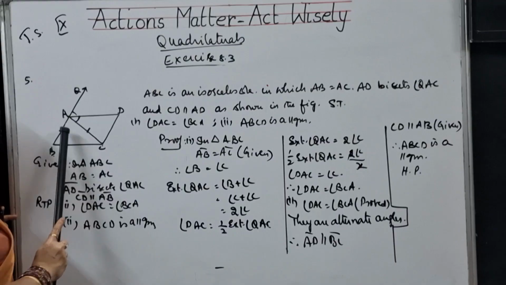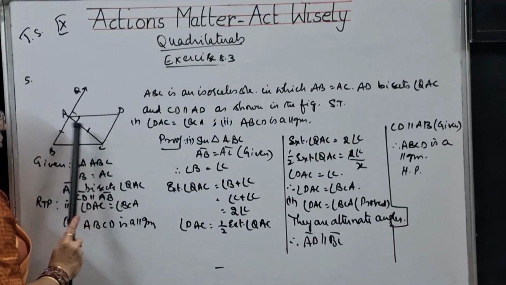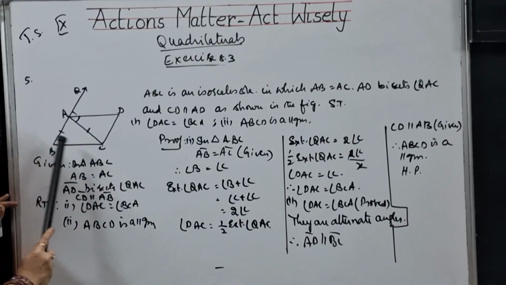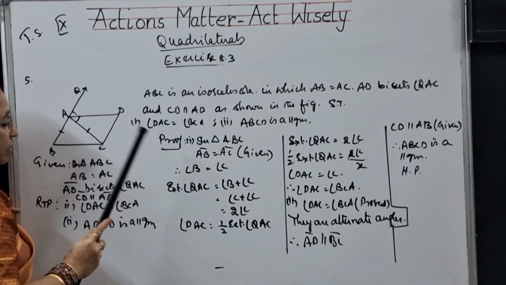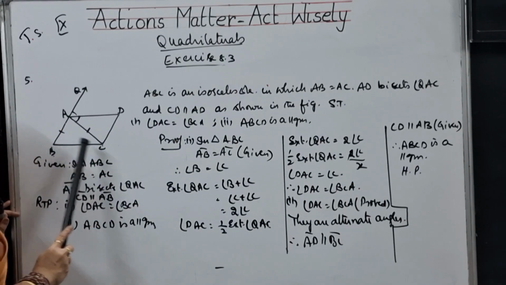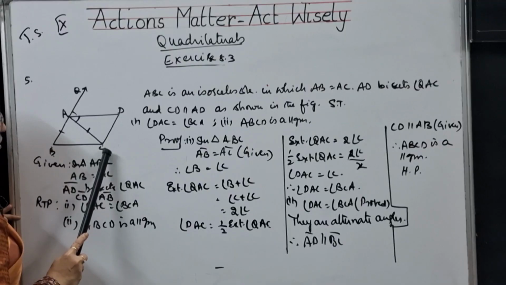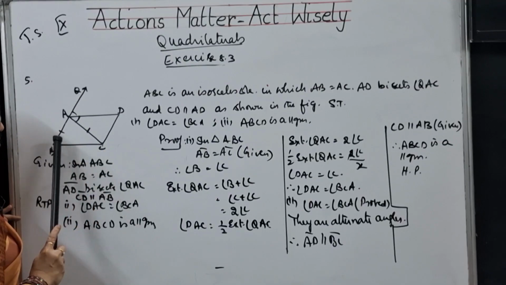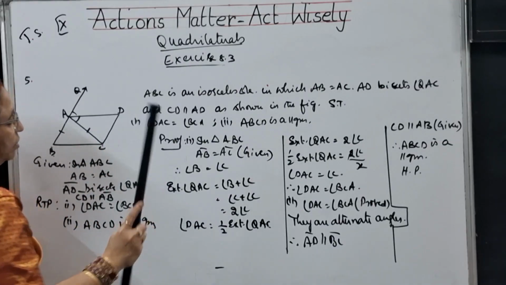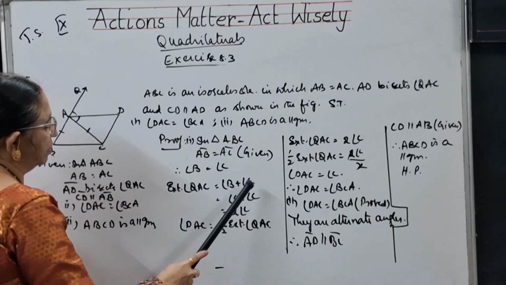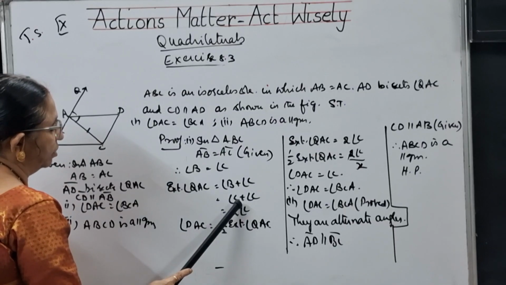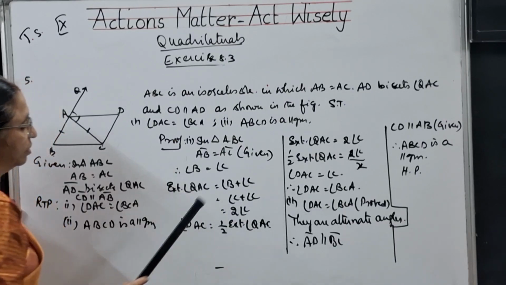So we'll take the proof. AB is equal to AC, they have given. When in a triangle two sides are equal, their opposite angles are equal. So angle B is equal to angle C. Now exterior angle QAC is the sum of interior opposite angles, that means angle B plus angle C, so two times angle C.